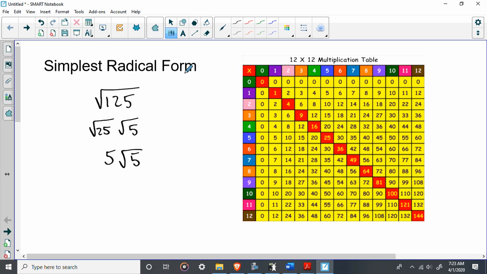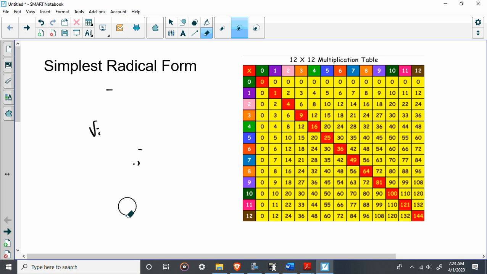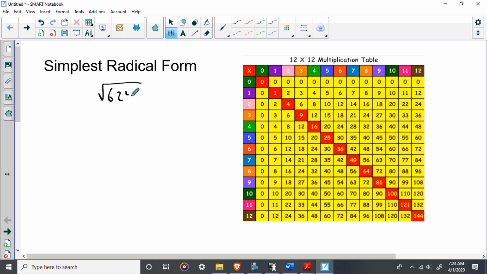Okay? Let's do one more big number just to show you guys a little trick that you might run into. What if I said radical 625? Well, what's a big number that goes into 625? Well, 25 definitely works, right? 25 goes into 625. Let's do 25. So we'll break this down into 25 and 25.